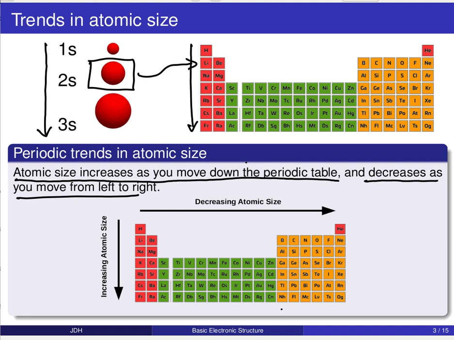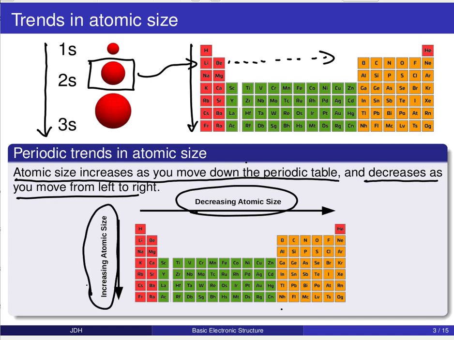And when you move from left to right, though, you're introducing a greater degree of nuclear charge. So you're still dealing with the same type of 2s and 2p orbitals, but the larger nuclear charge that occurs as you move from left to right across the periodic table results in a contraction of that orbital size. The larger number of protons pulls those electrons in closer, and so we see a decrease in atomic size going from left to right, and then our increase, as we said, going from top to bottom.